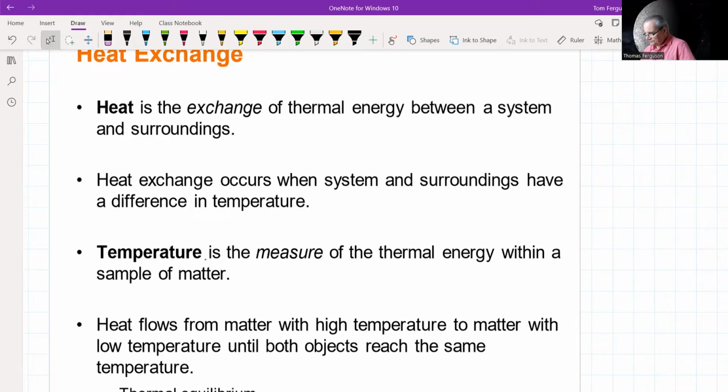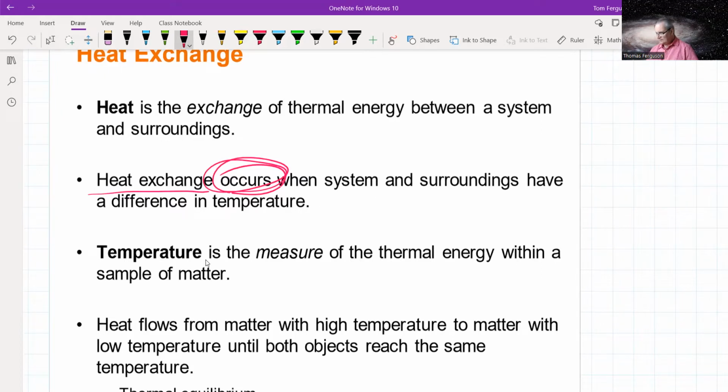Okay, normally they talk about the exchange rather than just heat, and then parenthetically say it's exchange of thermal energy. A heat exchange occurs when there's a difference in temperature between the system and surroundings. Then things will equilibrate, become more stable. As a metric for heat, we're going to use temperature.